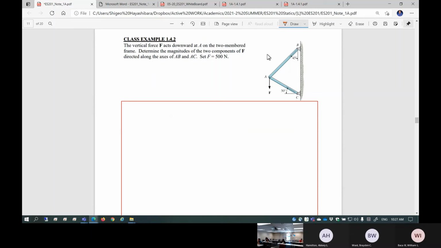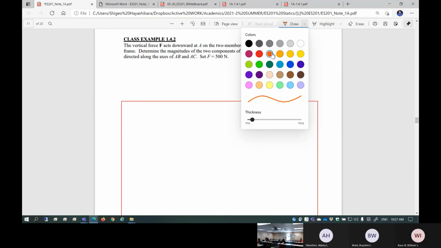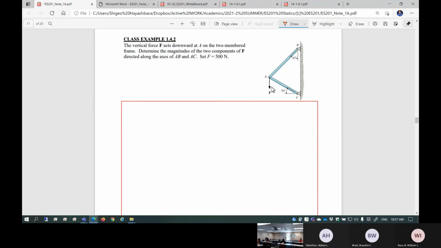The other member has a compressive force. That means the member is going to be compressed. You can tell that, right? So this force is going to probably pull the member AB, but try to compress the member AC, isn't it? So you kind of know the direction.